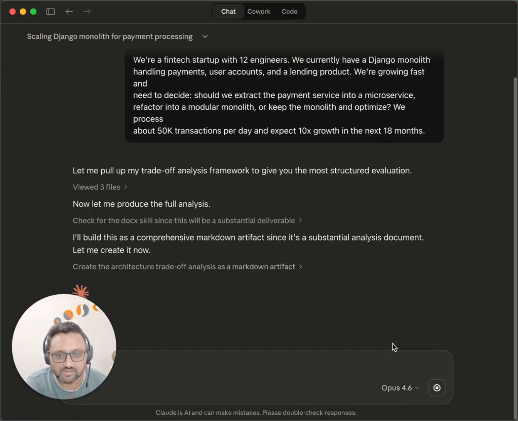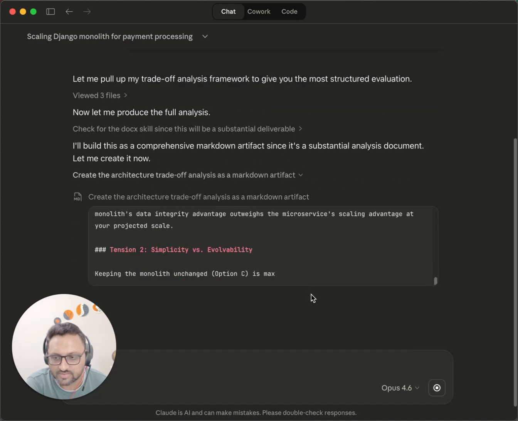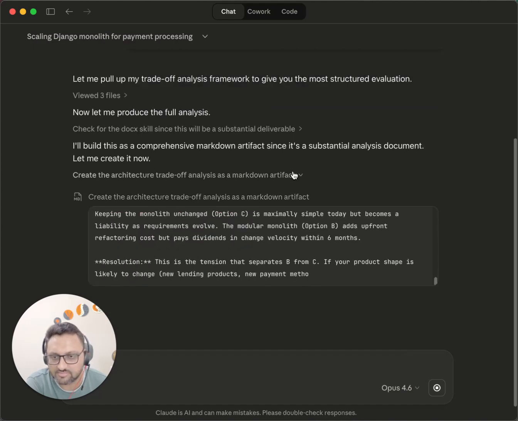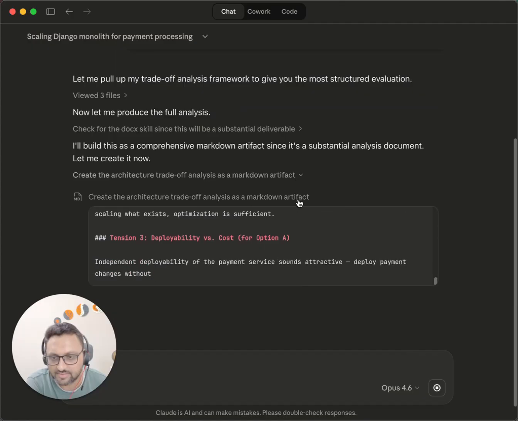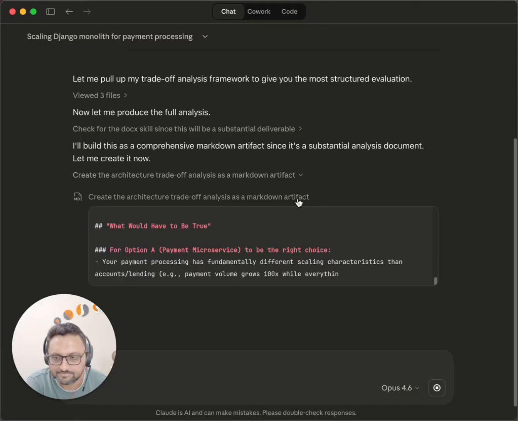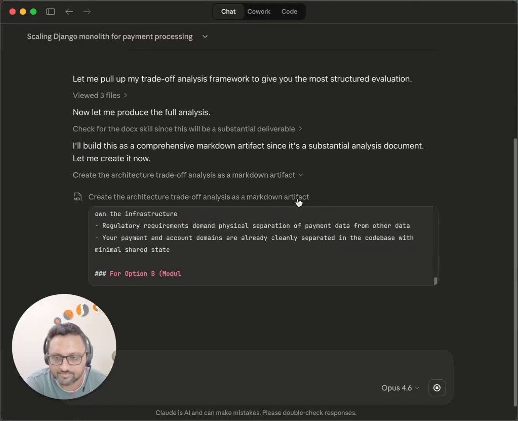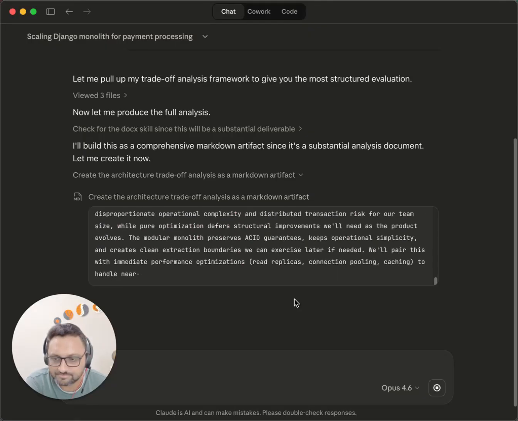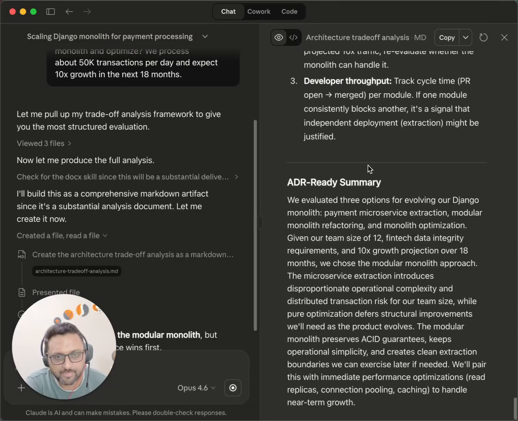You can use the skill on whatever model you prefer. You can see all the details that it has been currently writing. There you go.